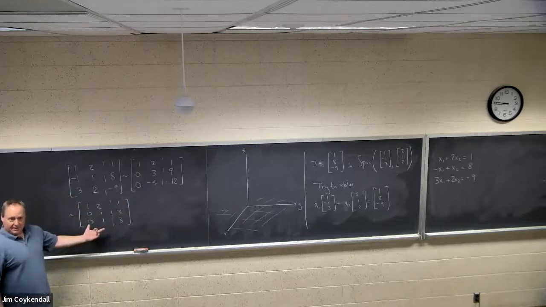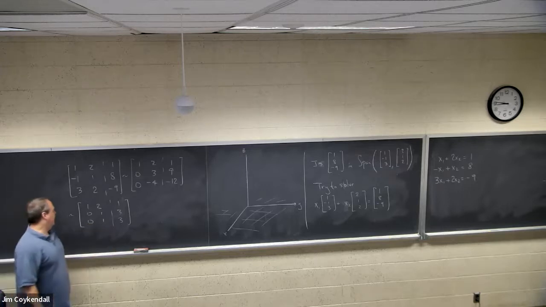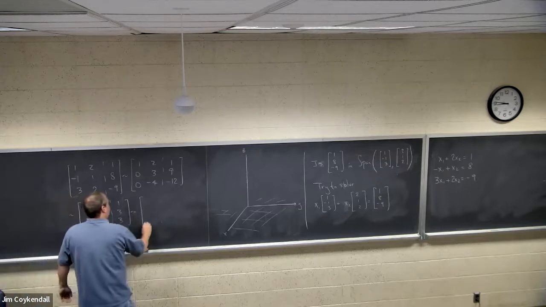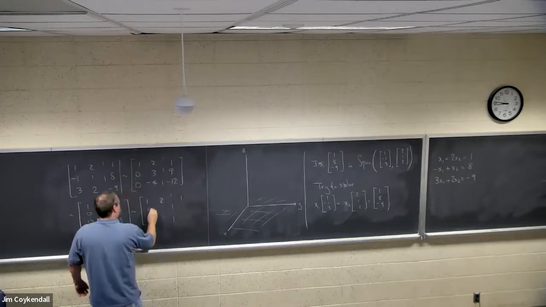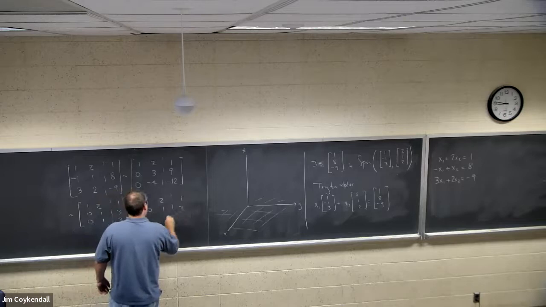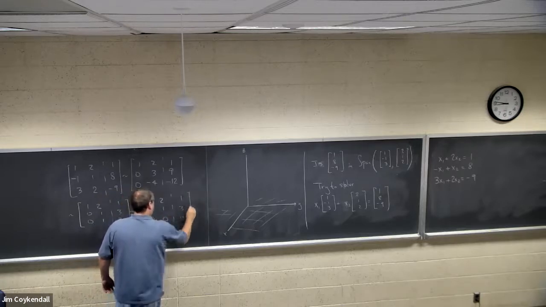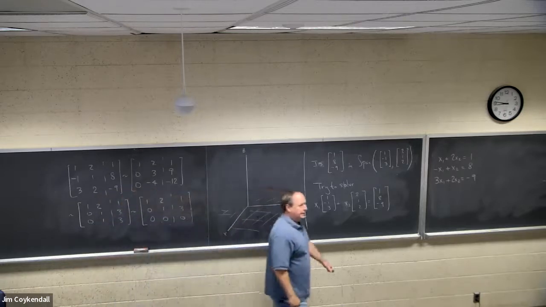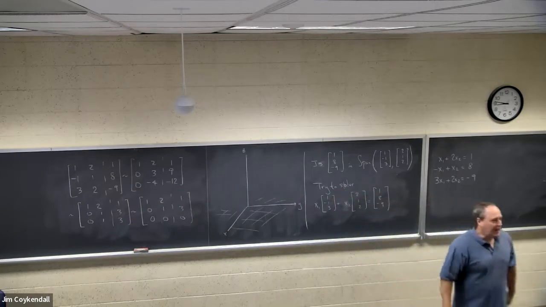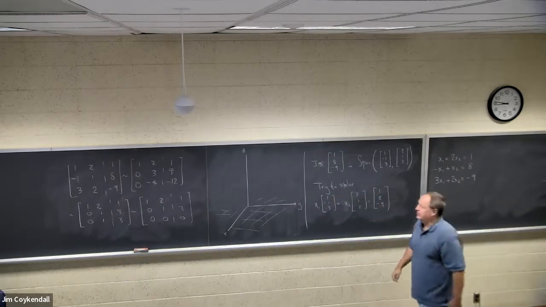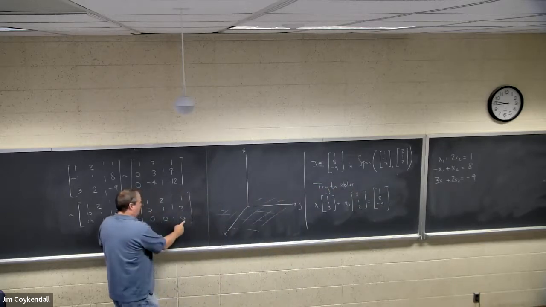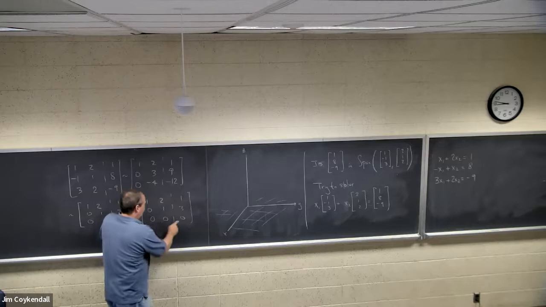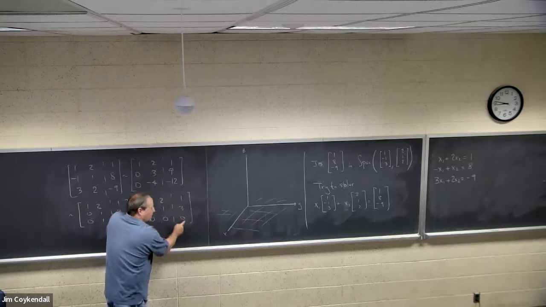Okay. Subtracting, this is going to be 1, 2, 1; 0, 1, 3; 0, 0, 0. We have a theorem from last time that tells us this is consistent. Look at your rows where the variables are 0, like this one, and that's 0.